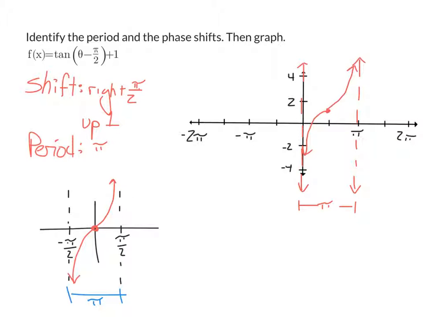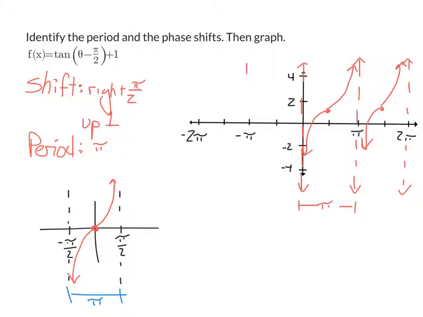And as it is with any other trig ratio, this is just infinitely repeatable as you go left and right. So from pi to 2 pi, we should have another one. So we'll have more asymptotes at 2 pi. And we'll start at 3 pi over 2 comma 1 and do our drawing.